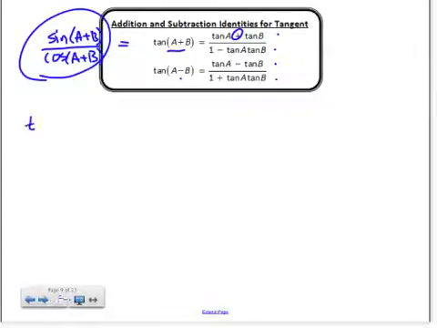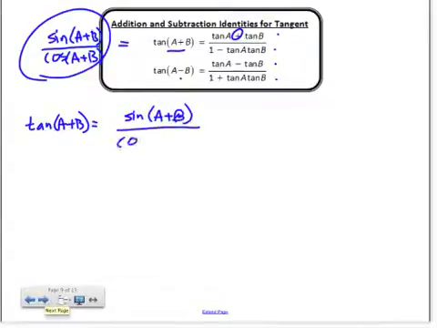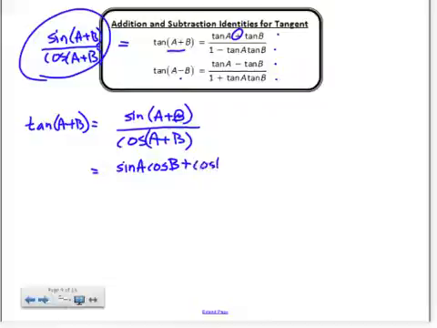The tangent of A plus B can be written as the sine of A plus B over the cosine of A plus B. Well, let's write out what the sine of A plus B is. It's sine A cosine B plus cosine A sine B.